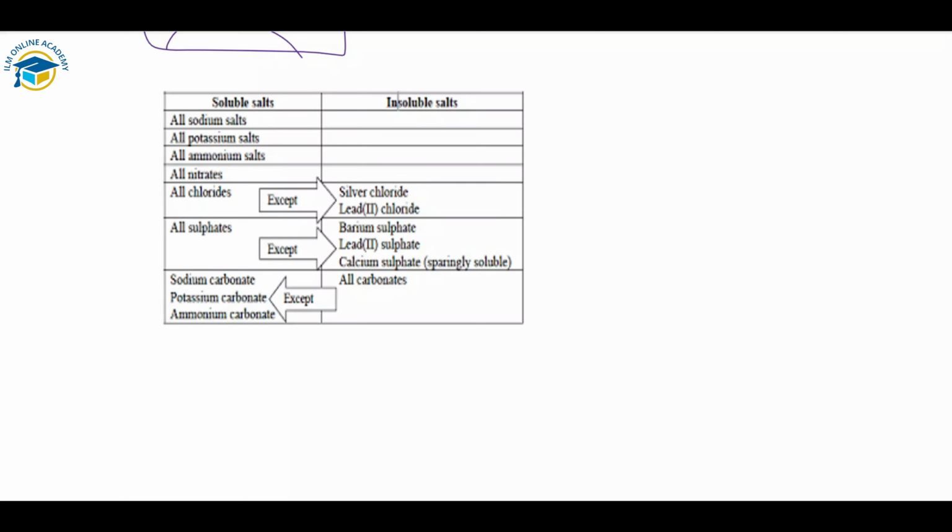So we will quickly revise or summarize all the topics which we have read today. The salts are an important group of ionic compounds, and some salts are soluble in water while some are insoluble in water.